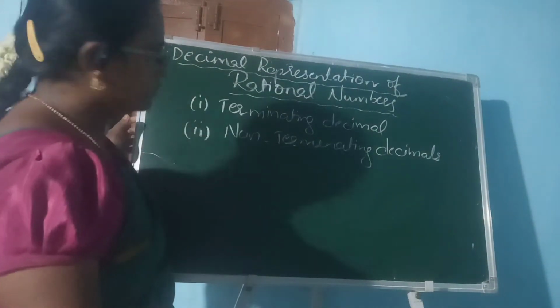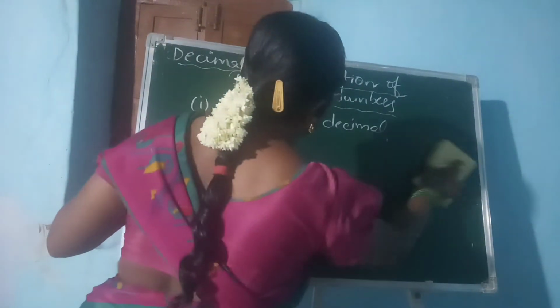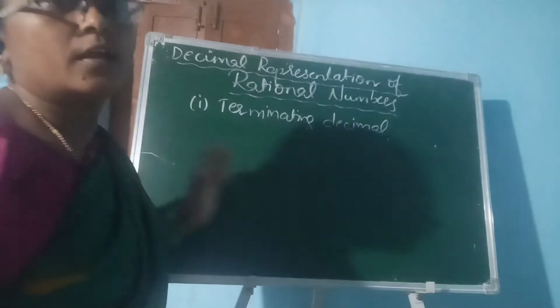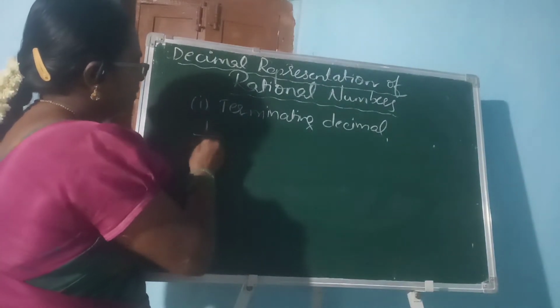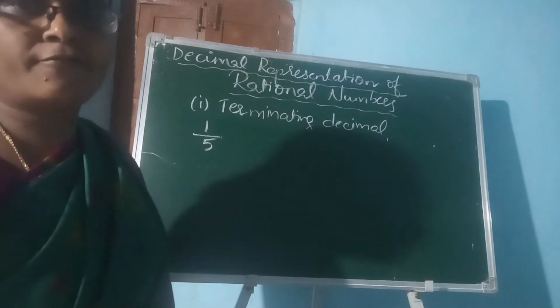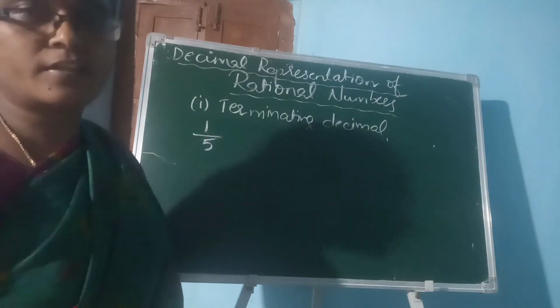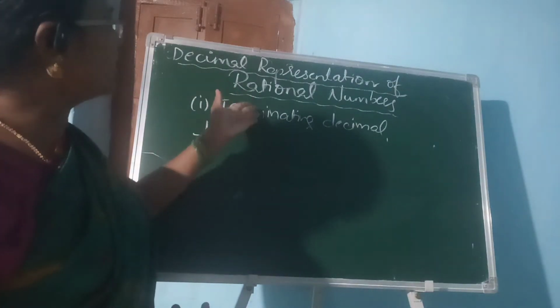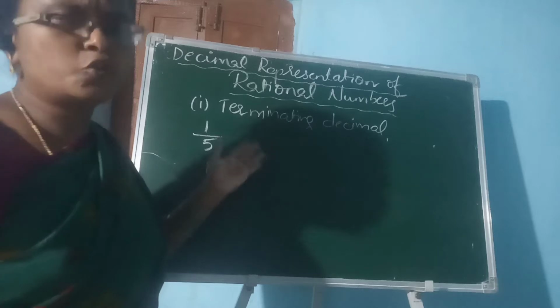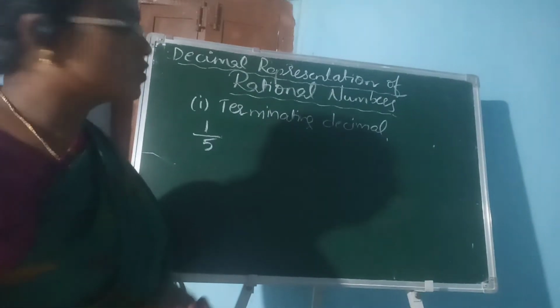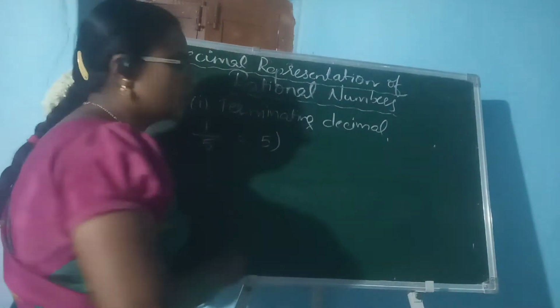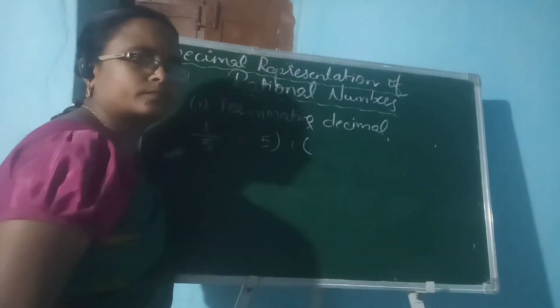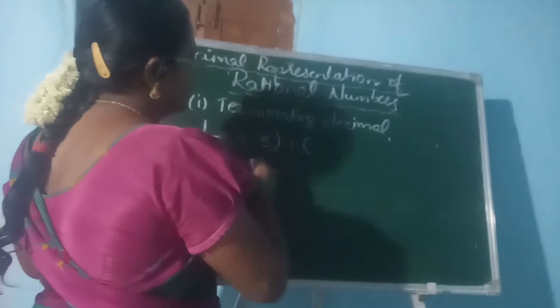So the first one, terminating decimals. If you consider 1 by 5, a rational number, I'll make a division of this. First of all, to represent it in decimal points, we should do the division itself. So I am making the division: 5 here and 1 here, divisor and dividend.